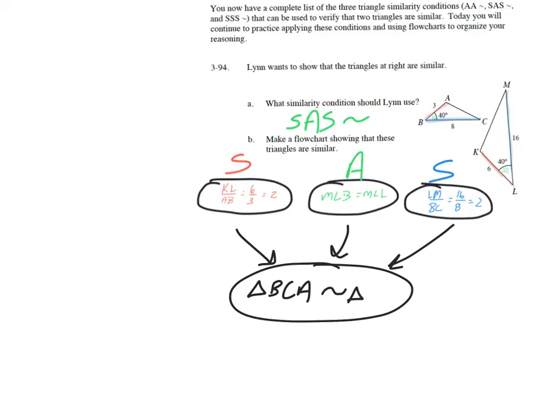So B and L correspond with one another, so I need to start my second part of the similarity statement with L, and it's going to read LMK. So LMK, and down here I'm just going to write by side, angle, side, similarity. And so therefore, excuse me, that was drawn poorly. Those two triangles are similar, and that's how our flow chart would work.